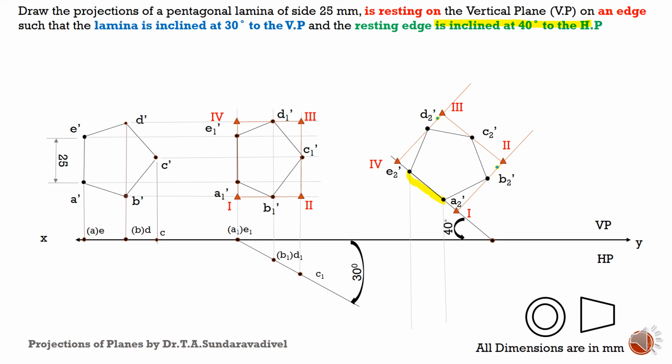So what I did here, I have projected A2 dash, E2 dash here, similarly A1, E1 here, and I name those junction points E2 and A2. E and E should be joined, and the point of intersection is E2. Similarly, A and A, that point of intersection is A2. That is the idea.